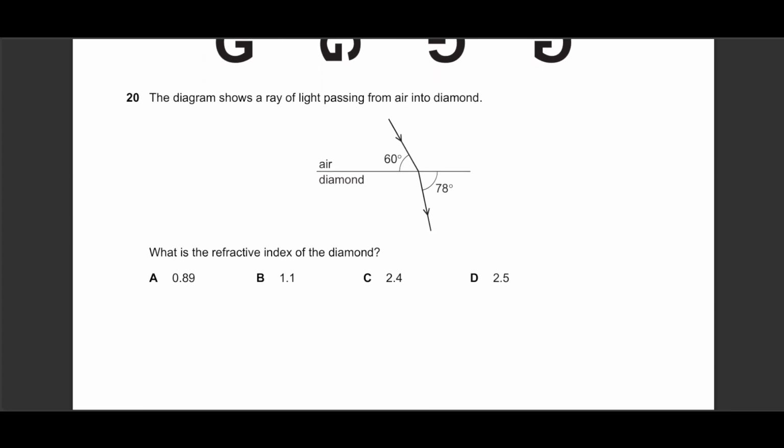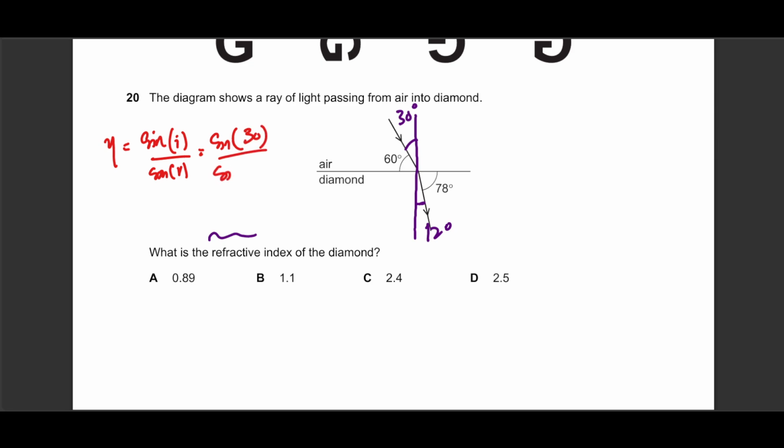Question number 20. I want to find the refractive index. So first things first, we draw the normal, and we find that this angle is going to be 30 degrees, and this angle is going to be 12 degrees. Again, the normal is there for the measurement of angles. That's why it's important. So going back to the formula, which is sine i over sine r, this will become sine 30 divided by sine 12.